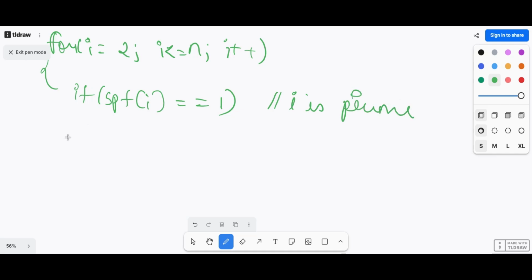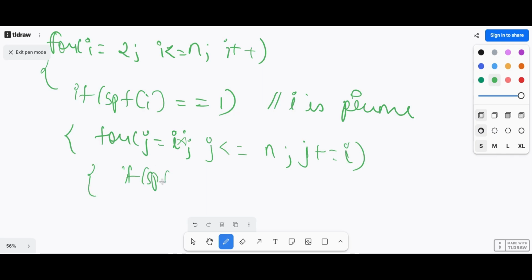So if the particular number is prime, you will start from j equal to i. Here you could start from i square also, and that won't affect it. You can start from j equal to i square, j less than or equal to the maximum n, and every time j plus equal to i.